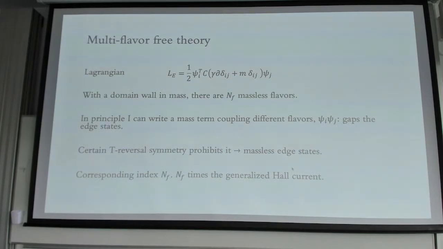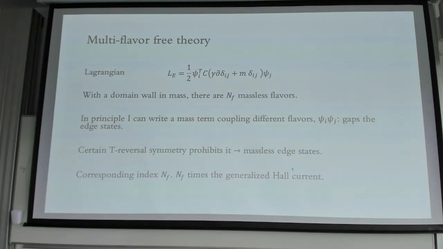So now look at a multi-flavored free theory. Here, I and J basically tell you the number of flavors in your original theory. So again, with a domain wall in mass, there are NF fermion flavors, let's say. In principle, I can write a mass term coupling these different flavors, which gap these edge states.